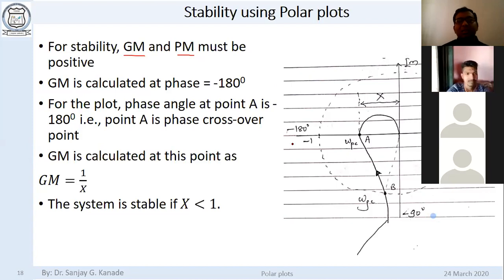Gain margin is the reciprocal of the magnitude at phase equal to -180. The definitions of gain margin and phase margin we have seen in the beginning, at the time of Bode plots.